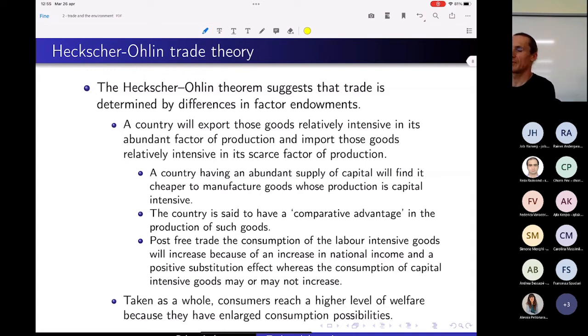Okay, so if everything is clear, I would like to discuss here the Heckscher-Ohlin trade theory, which is, let's say, the most convenient to use for studying environmental resources and their impact on production and the issues I've raised now.